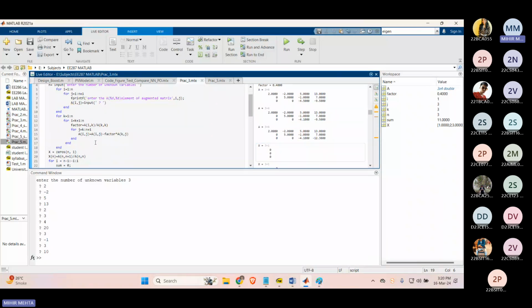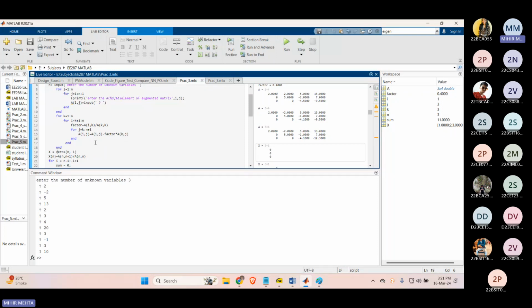So all the values in this 3 comma 1 would be zeros. Since I've taken this as zeros, now I can add values here. So for x of n, the value of n is 3. I'm not starting by placing the values of x1, then x2 and then x3. No, I'm going in the reverse format.